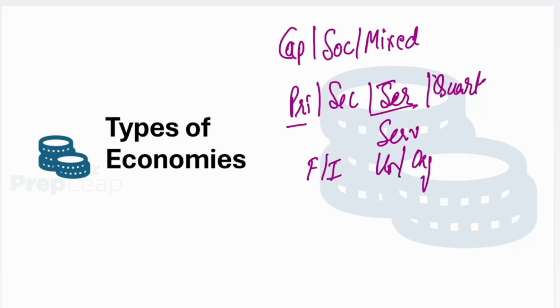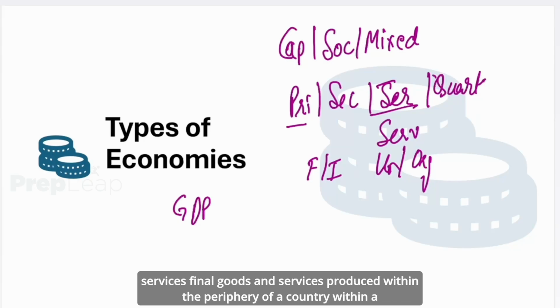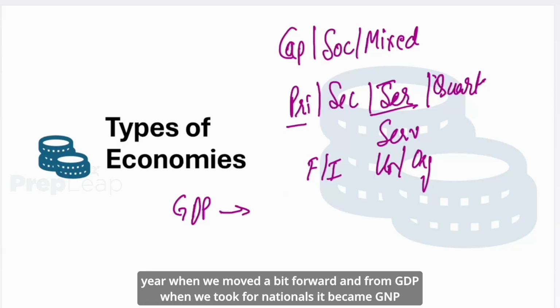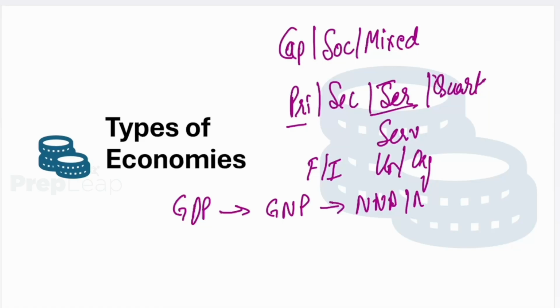Then we moved ahead and understood the concept of GDP, that is the value of final goods and services produced within the periphery of a country within a year. When we moved forward from GDP and talked about nationals, it became GNP. When we removed depreciation, it became NNP and also NDP.